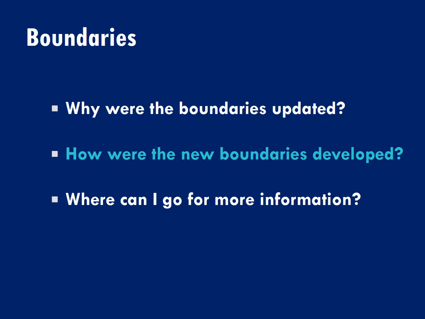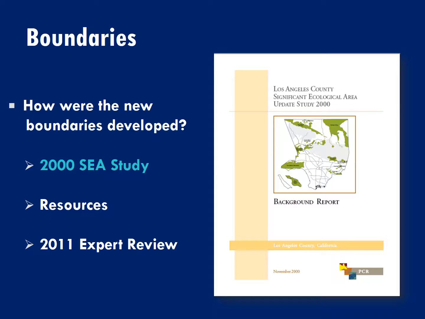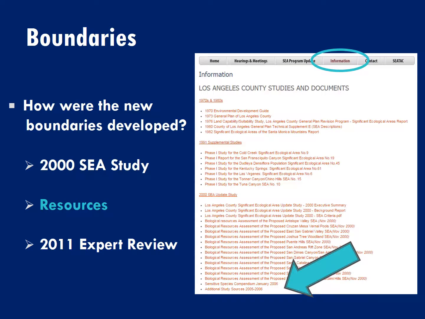How are the new boundaries developed? Using several methods. It started with the 2000 SEA update study, which evaluated the entire county and used 6 criteria for determining appropriate areas. A number of other resources were also used, including academic literature, expert knowledge, aerial photos, and focused fieldwork.